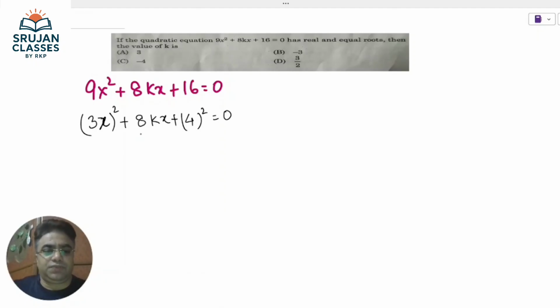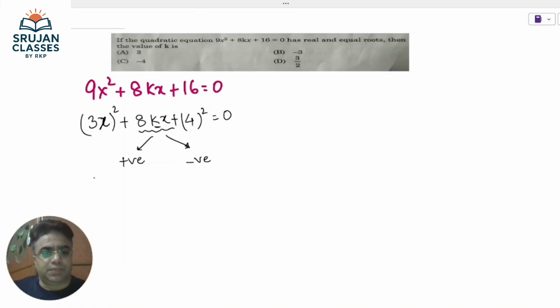Now, what we need to figure out is this k. This k can be taken as positive and can be taken as negative. We will see whether we get the value of k as positive or negative.